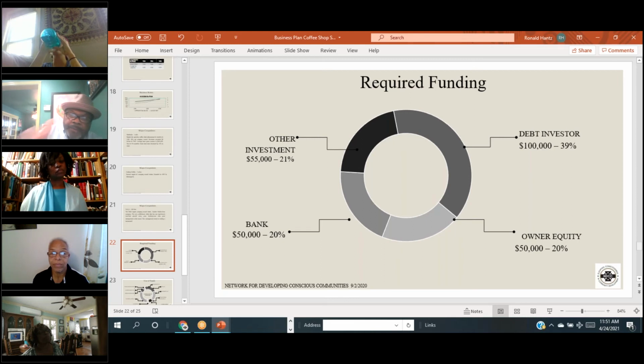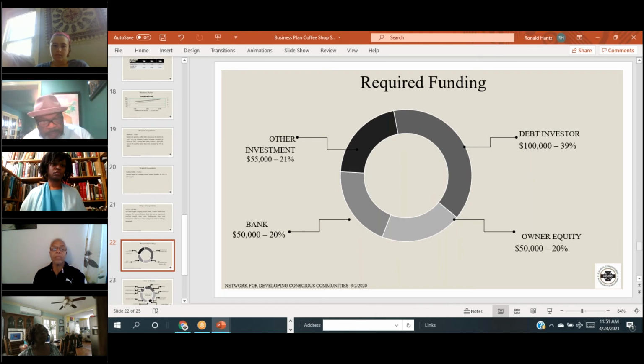And so you want to be able to leverage where your funding comes from. And in this scenario here, there was some bank financing, there was some owner equity, they used some debt investors, as well as other investors. Those are the 4 sources of funding that this coffee shop used.